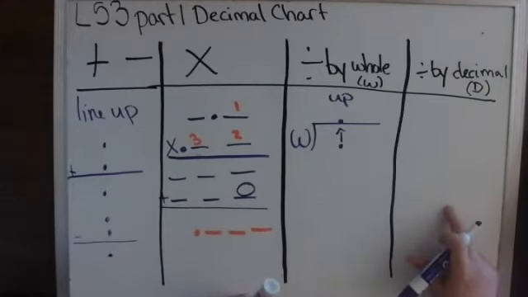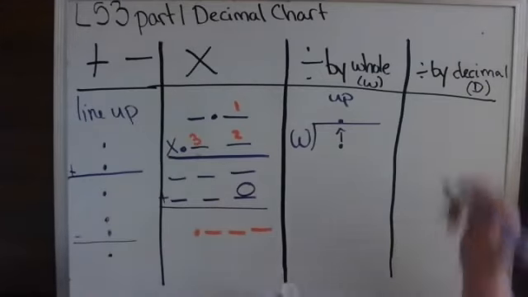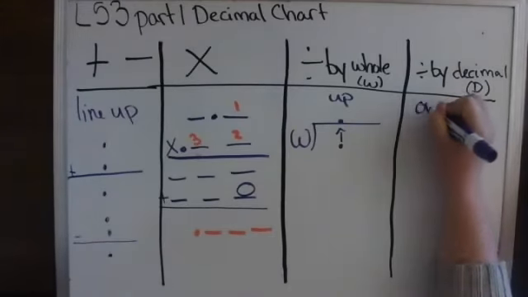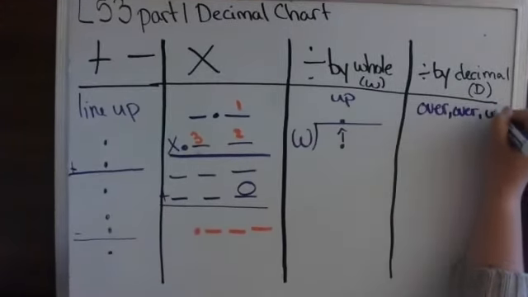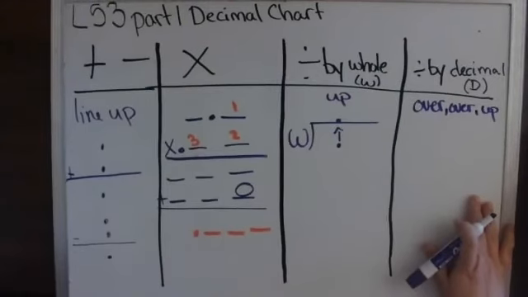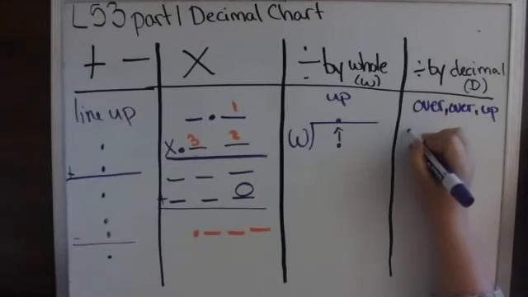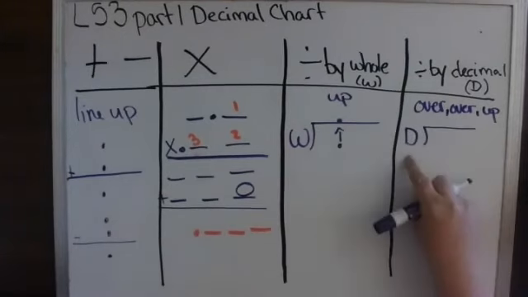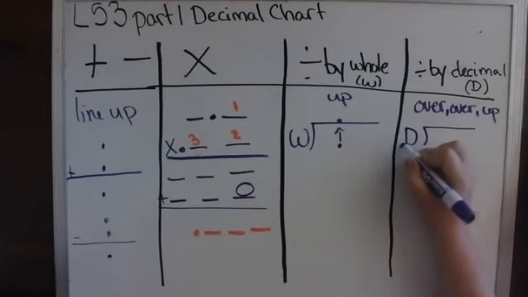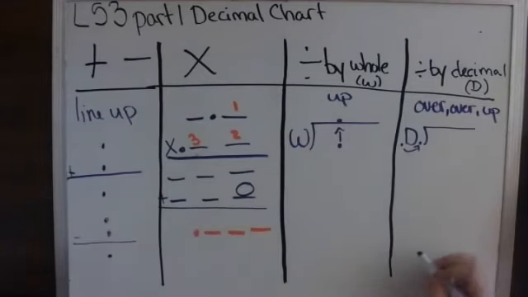Now, dividing by a decimal starts to get a little more complicated. This one is referred to as over, up. Over, up means that if you have a decimal number as your divisor, you need to move that decimal so that you have a whole number here. So let's say your decimal started here, you are moving it to here to make that a whole number.